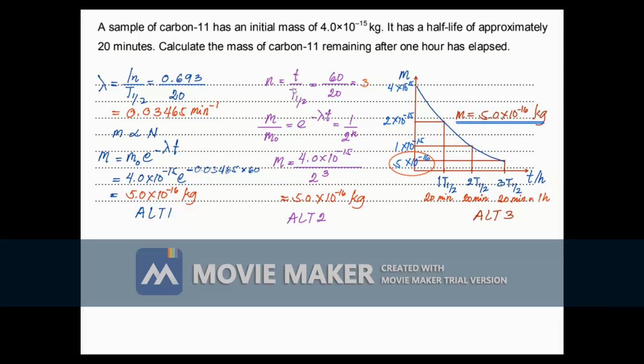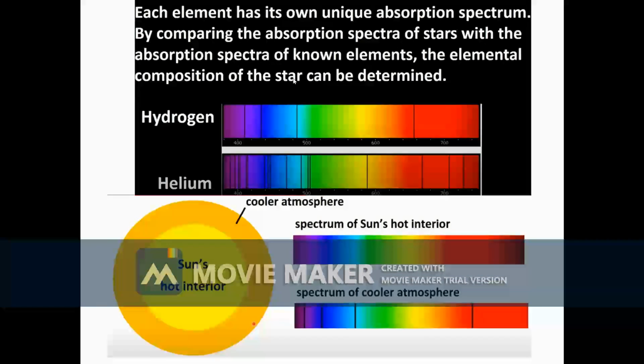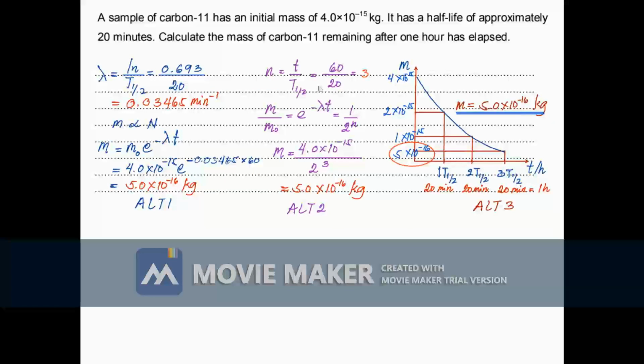Here is another solution, which involves another formula. We're simply calculating the number of half-lives. Then we're plugging this value into the different formula to obtain that mass equals the same value.